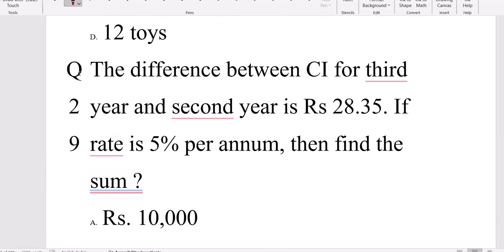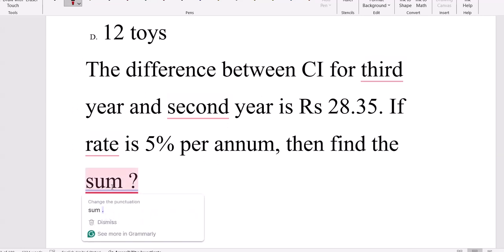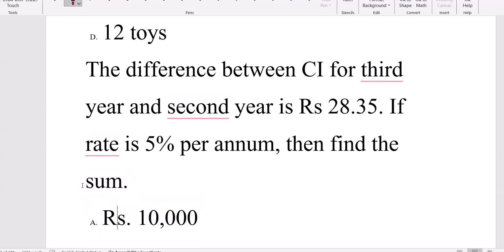Sum means nothing but the principal, my dear. You have to calculate the principal value.